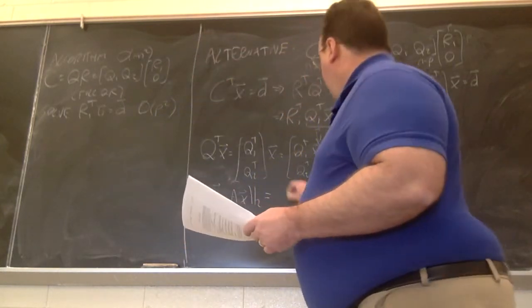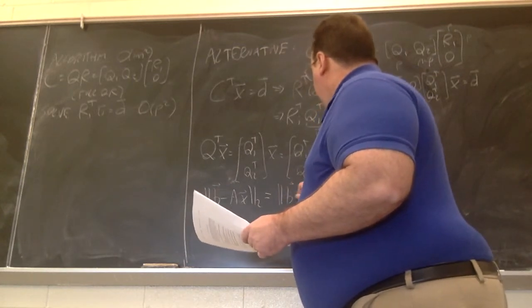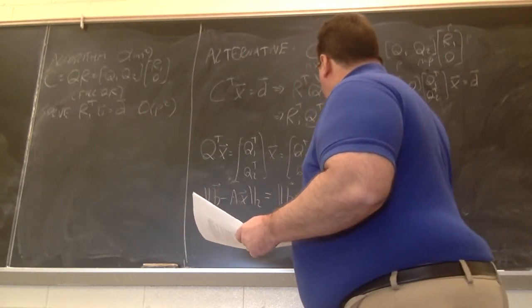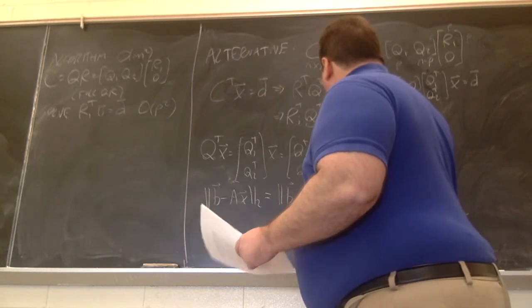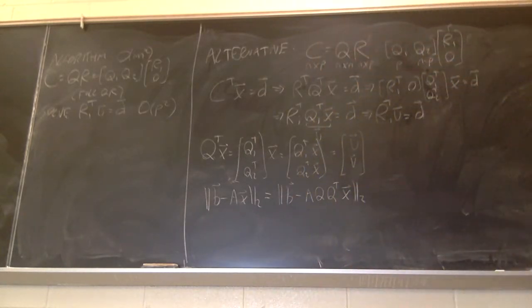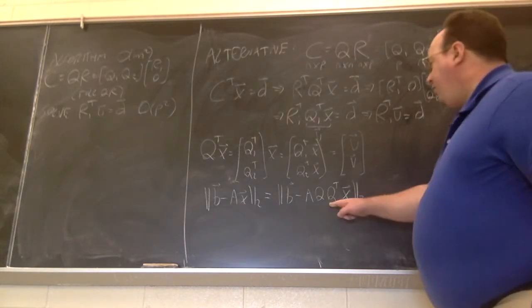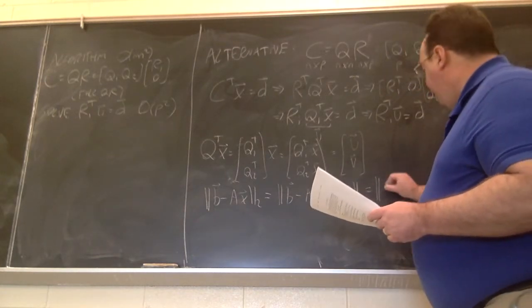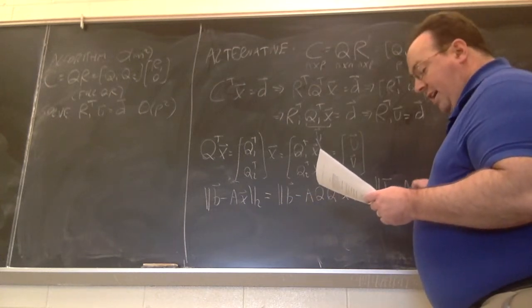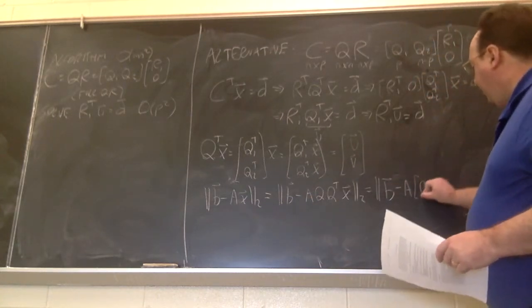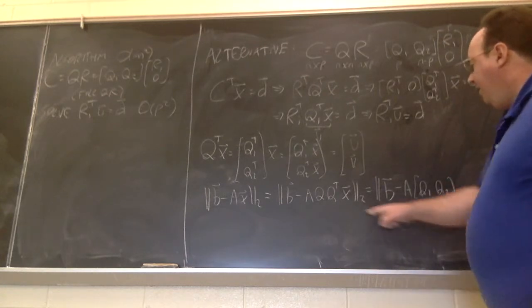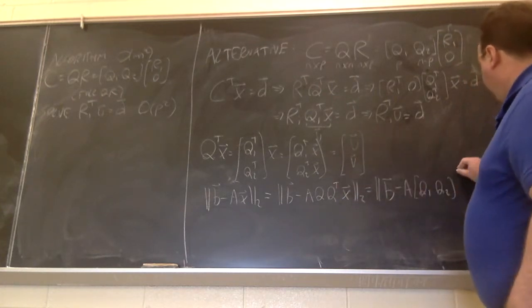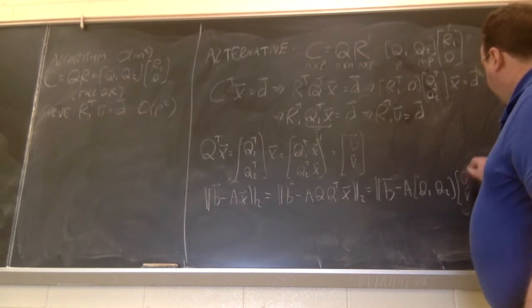Now, I can write that as B minus A Q Q transpose X, because Q is a full square orthogonal matrix, so Q transpose Q is identity. Now Q transpose X I have here. So I have B minus A, and then Q I'll break into its two parts, Q1, Q2, and then I have Q transpose X written right here. So that's going to be U, V.